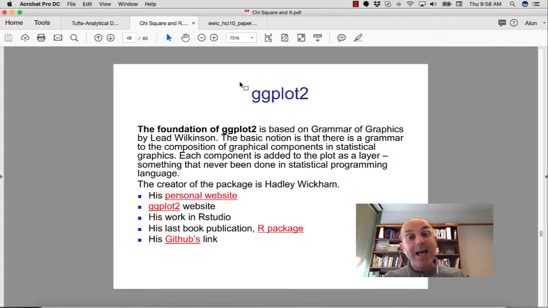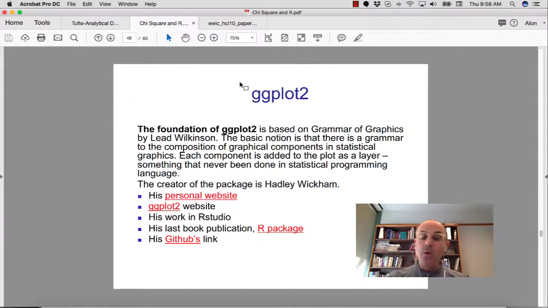If you are passionate about R, this is the book that we are going to read next semester with regard to the introduction to R. And like anyone else in the R community, he has a GitHub where he puts all his work for people to test and try.